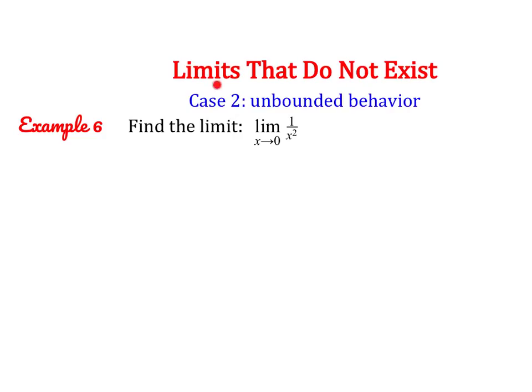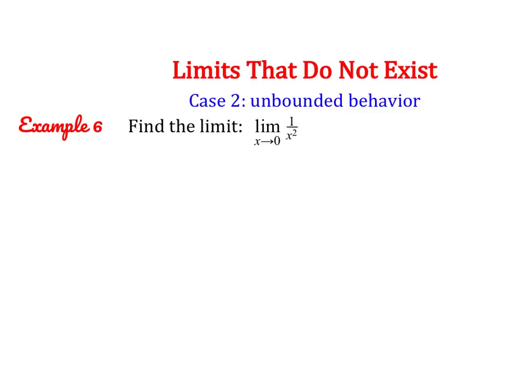Okay, now let's talk about another case where we might have a limit that does not exist. This is when you have what's called unbounded behavior. Essentially, when your f of x value is going to approach positive or negative infinity as you approach your c value. So let's sketch a graph of 1 over x squared and see what's happening as x approaches 0.